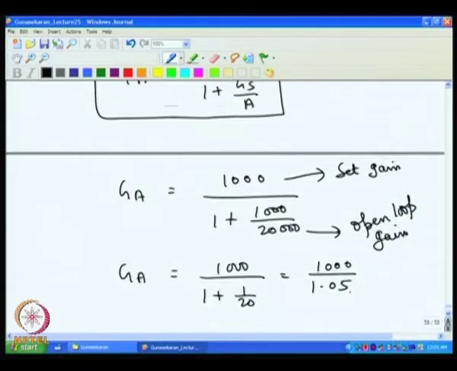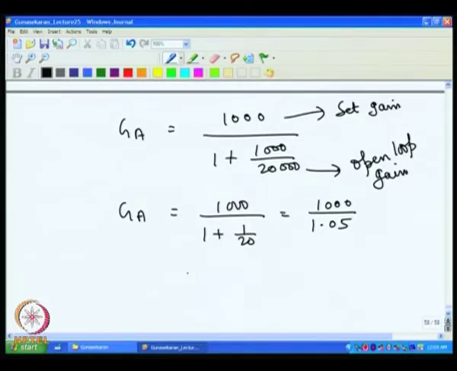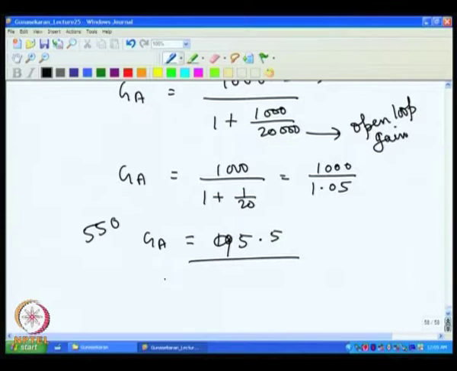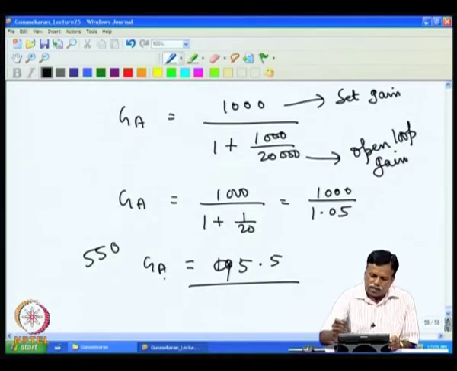So the gain will be roughly 945... you will get 55 into 0.5, around 95.5 as the gain. So the actual gain is not 100, but only 95.5. Now, this happened because we tried to get a large gain here.